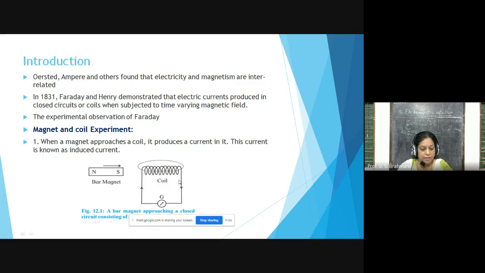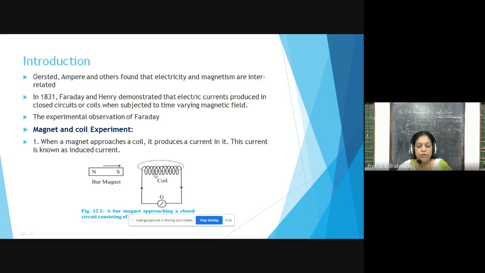But the same thing happens if you take a coil and it is moved. The magnet is kept at a fixed distance and the coil is moving towards it. When it is taken towards the magnet, it will show the induced current in a particular direction, and the galvanometer shows a momentary deflection.